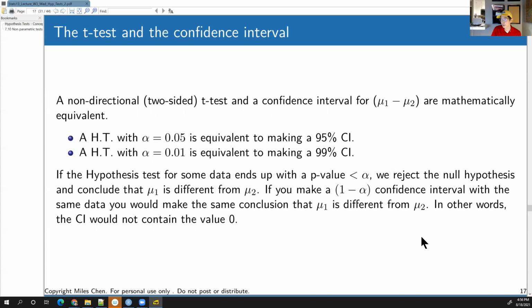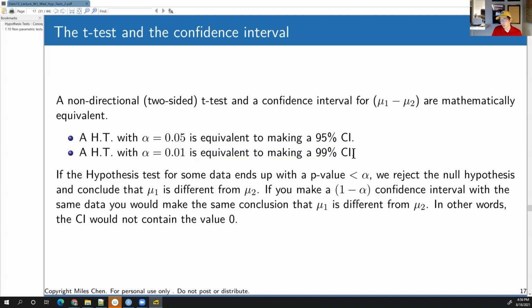So if you conduct a non-directional, or two-sided, t-test with alpha equal to 5%, this is equivalent and is going to make the same conclusions as a 95% confidence interval. And if you conduct a hypothesis test with alpha equal to 1%, that would be equivalent to making a 99% confidence interval, right?